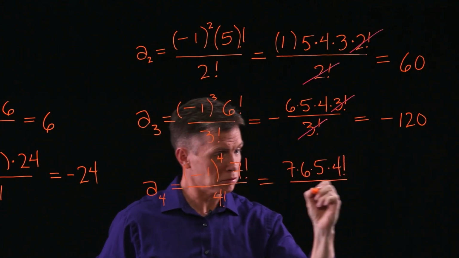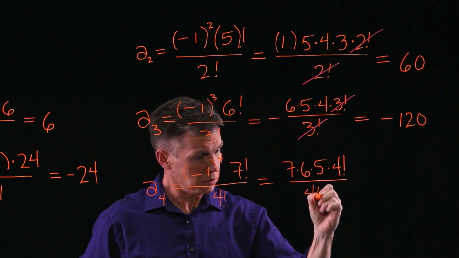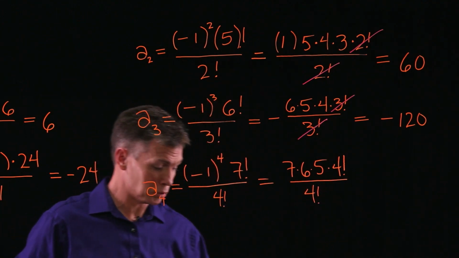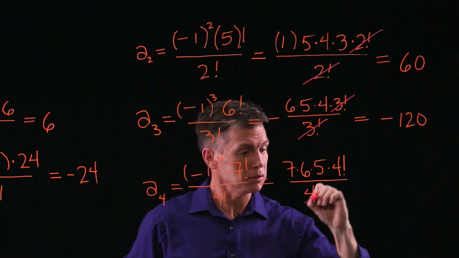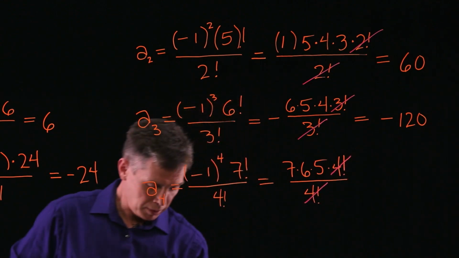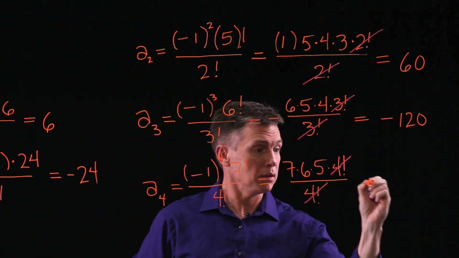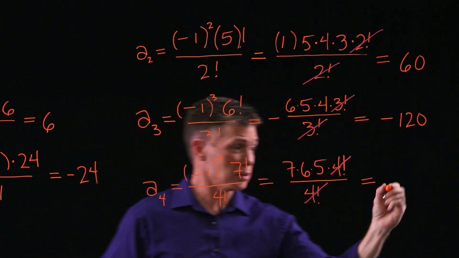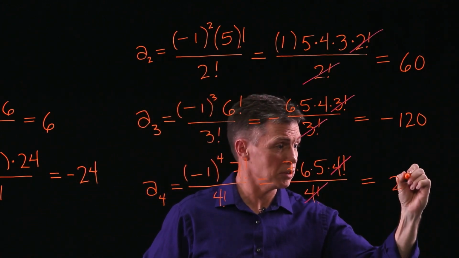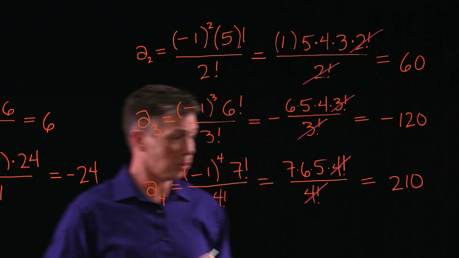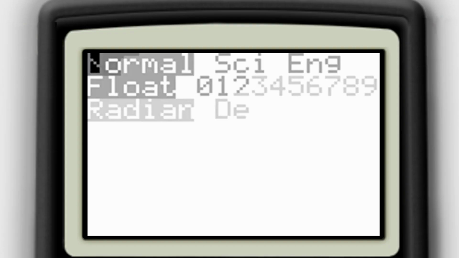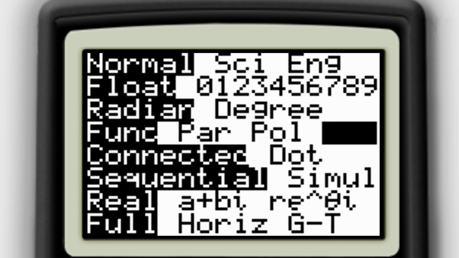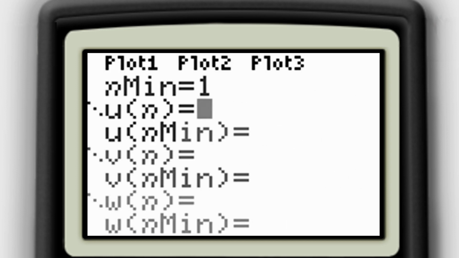I'll collapse into 4 factorial. So I can leave the denominator as 4 factorial and divide. And then 6 times 5 is 30, times 7 looks like 210. Positive, right? Second half of the directions said to verify your work by using a graphing utility.